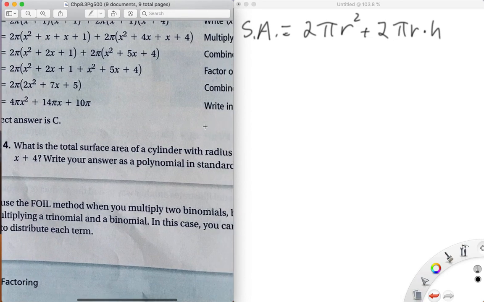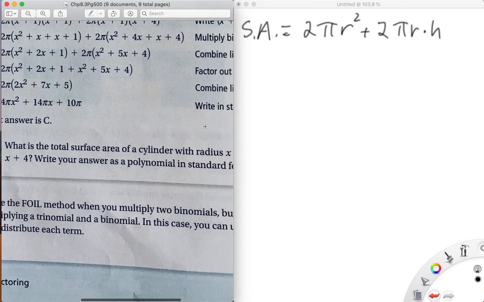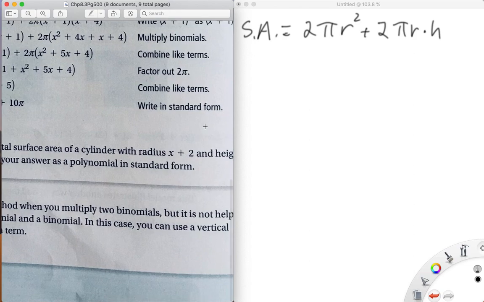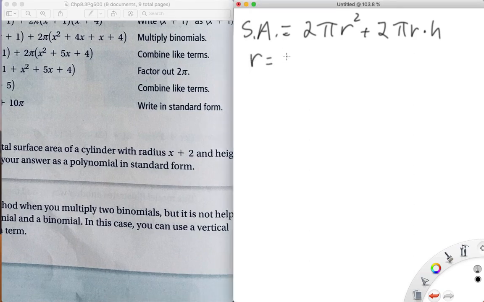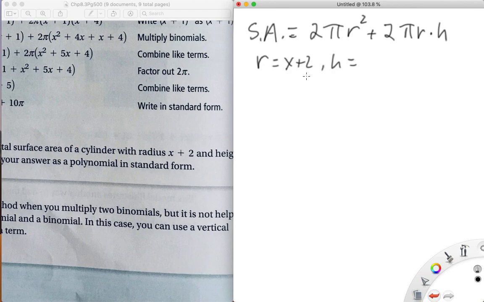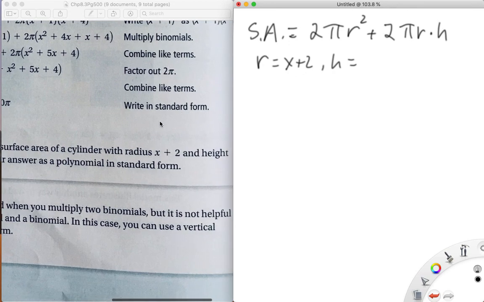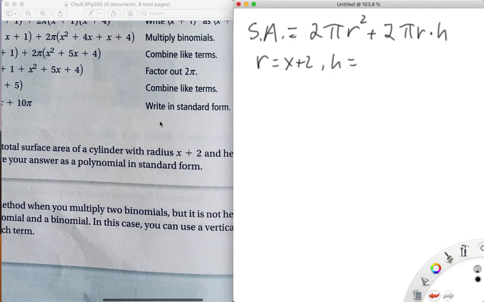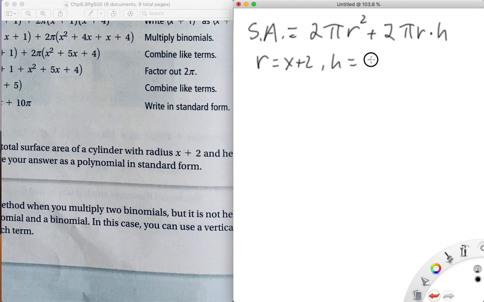In this case, they tell me that the radius is equal to x plus 2, and the height is equal to x plus 4. So with that information, they want me to find the surface area.